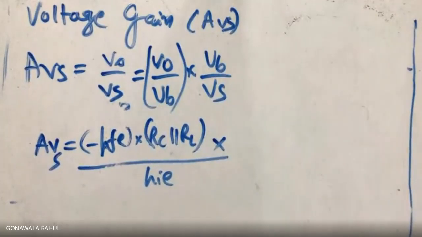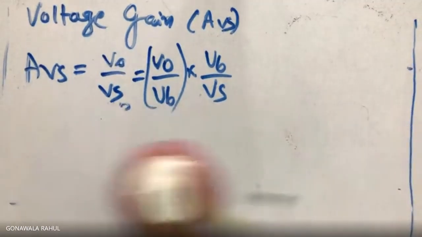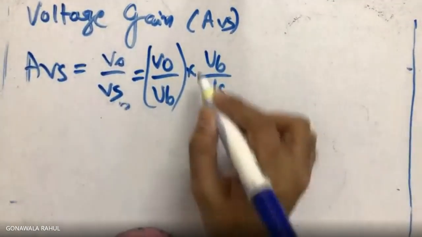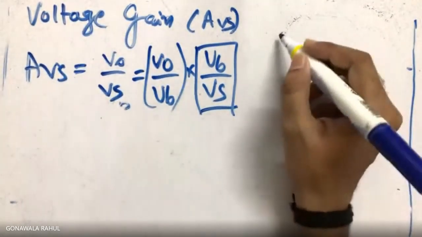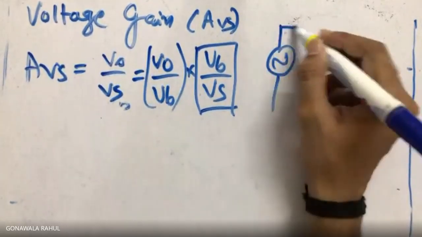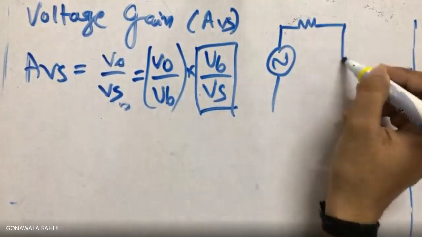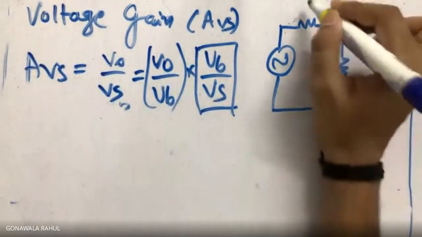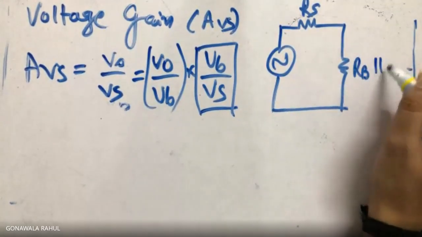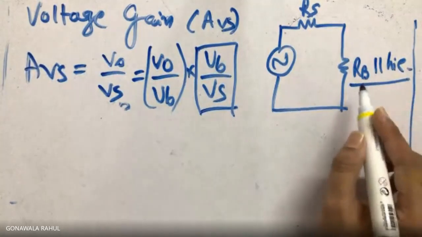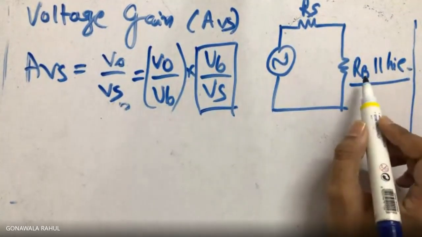Now Vb by Vs, what is the relation of that? That is a mathematical part. I am drawing the circuit again, because our point is now to find out Vb by Vs. At the source side we had a circuit like this, where this was Rs and this was Rb parallel hie, where Rb is R1 parallel R2.